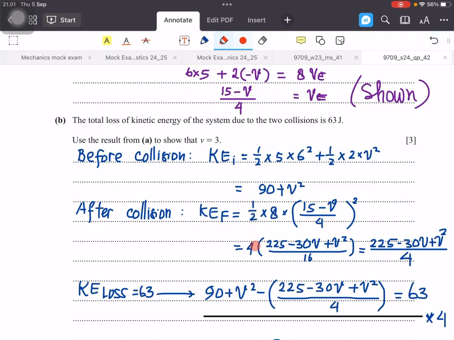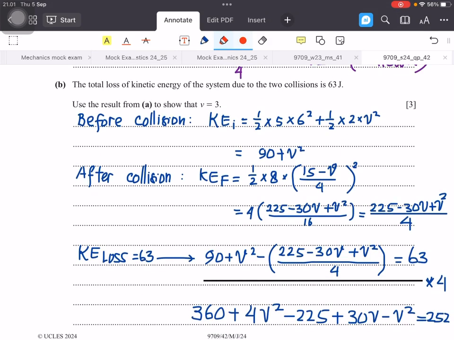And then we expand it and simplify the fraction into 225 minus 30V plus V squared over 4. And then the question says that the total loss of kinetic energy is 63 joule.